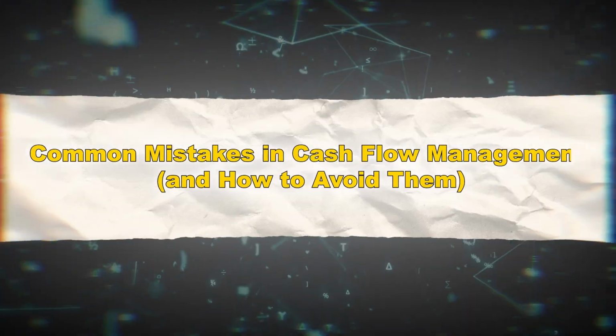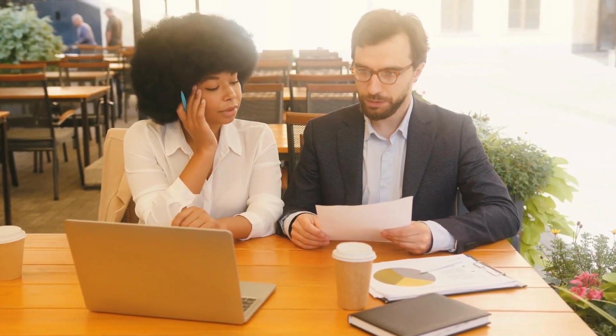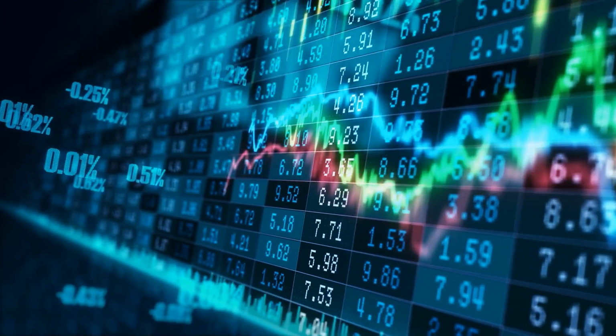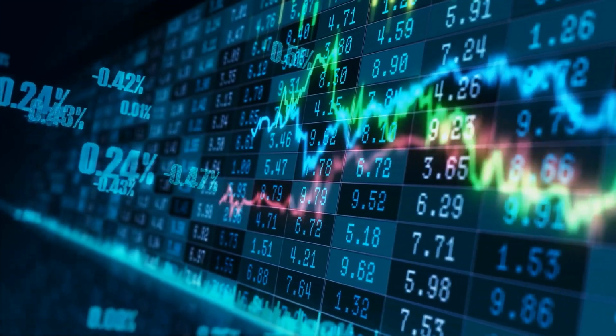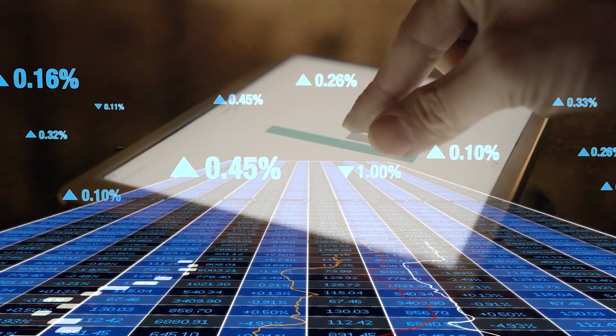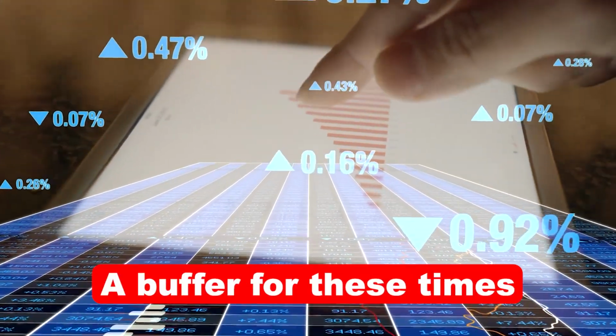Common mistakes in cash flow management and how to avoid them. Many small business owners make common cash flow errors that can lead to trouble. Here's what to watch out for. Ignoring seasonal fluctuations. Many businesses face ups and downs throughout the year. Failing to account for these cycles can mean liquidity issues when business slows down. Use historical cash data to forecast low cash periods and build a buffer for these times.